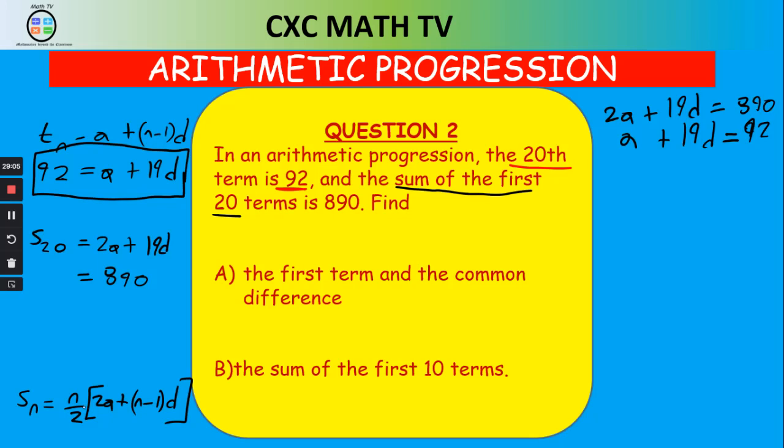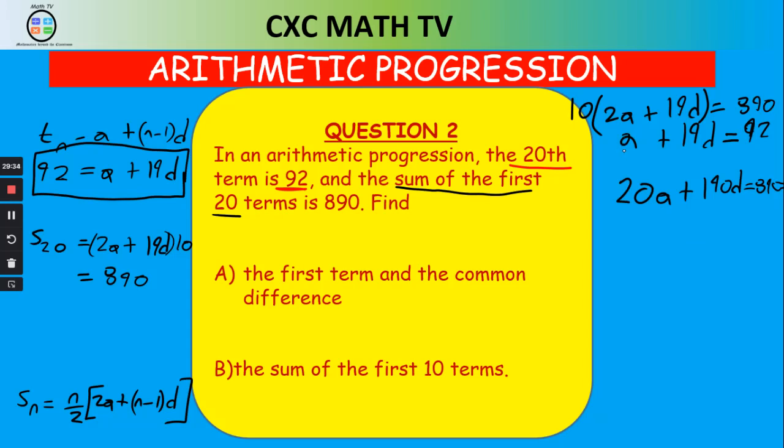Then we had to remember this part was multiplied by n over 2, 20 over 2 is 10. So if you simplify this equation, it says 20a plus 190d is equal to 890. I left off the times n over 2.